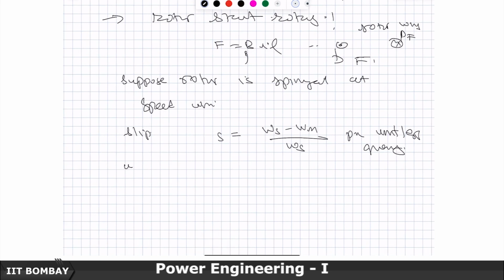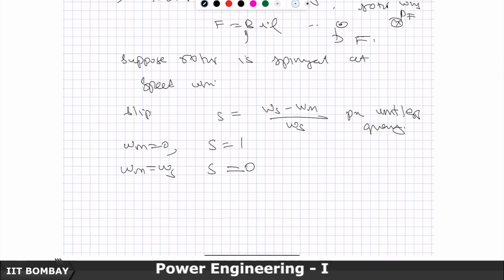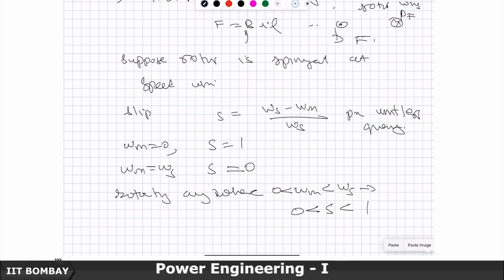So, when the speed of the rotor is 0, the slip is 1. When the speed of the rotor is the same as the synchronous speed, the slip is 0, and for the rotor rotating anywhere between synchronous speed and 0 speed, the slip will be between 0 and 1.